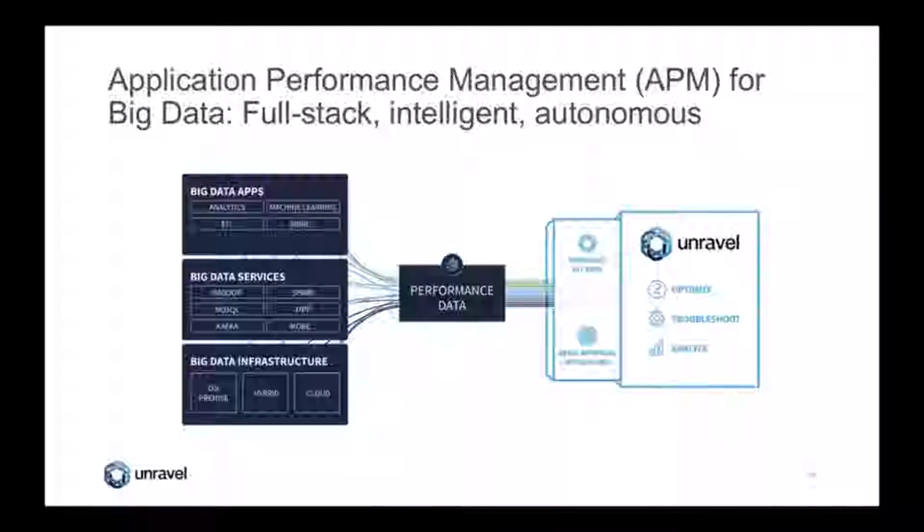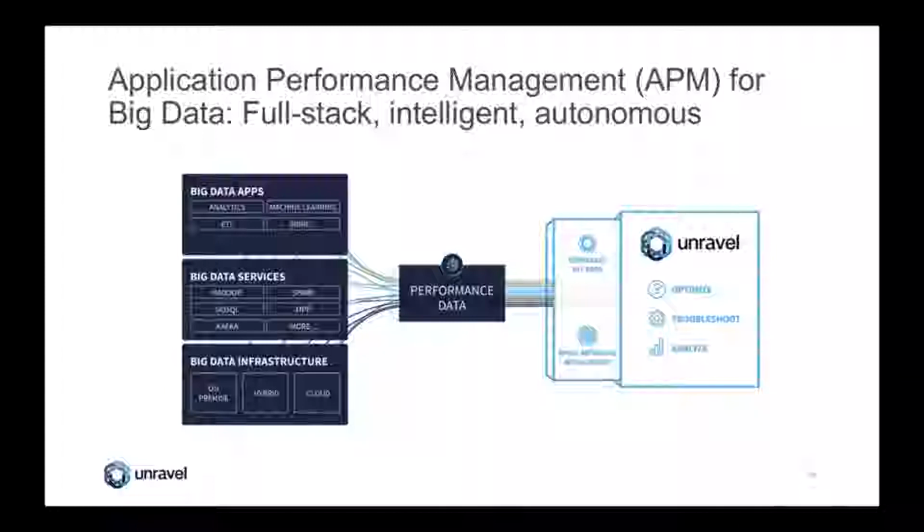And that's exactly the problem that Unravel is focused on. We have developed a full stack, intelligent, and autonomous solution to do performance management for a broad suite of applications. And today I will show you how we apply this process for machine learning applications.